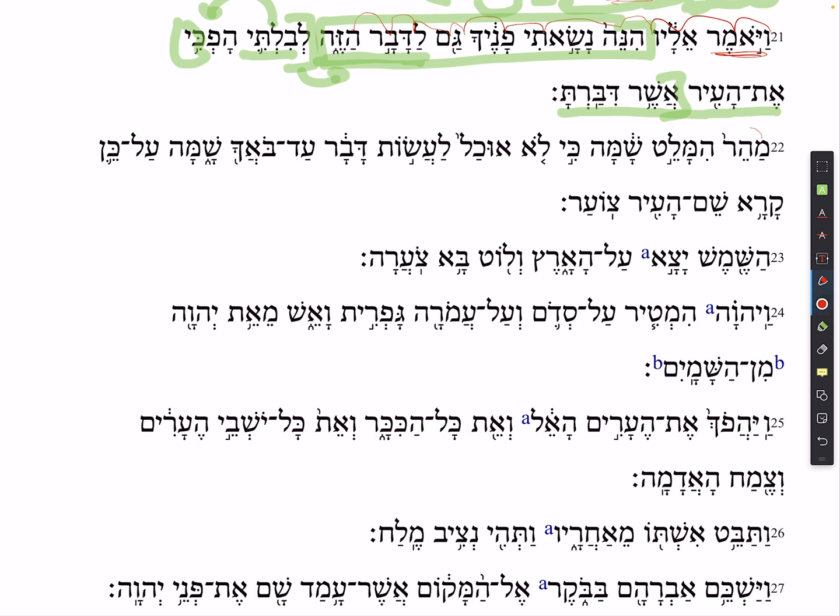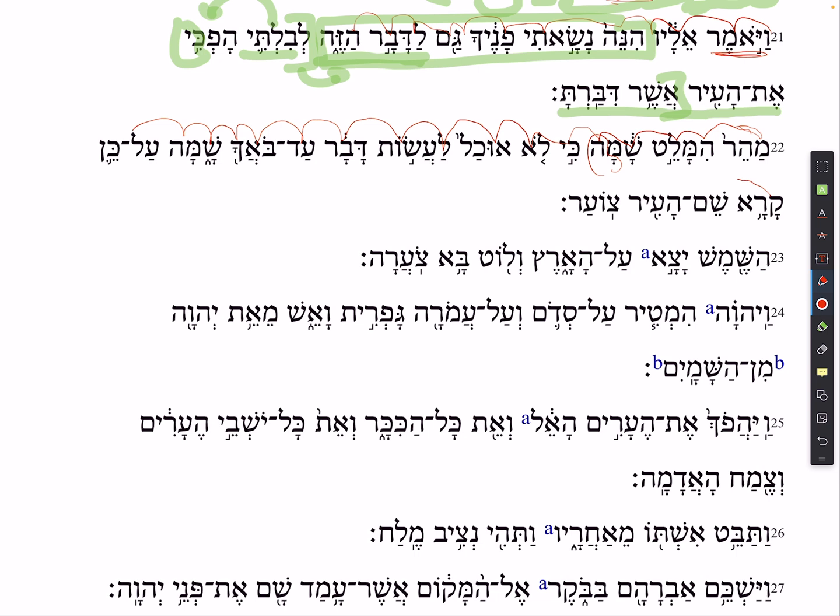Verse 22. Hasten, be quick, be quick. Flee there. Again here, locative hey. Flee there. I am not able to do a thing until you are entering there.